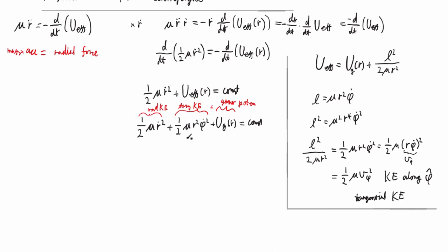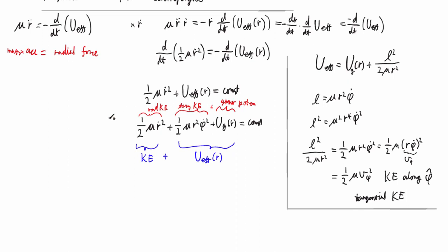We can also look at it from the point of view of the reduced variables, that is, we have only r to worry about. Then this is just the kinetic energy, and this entire portion is the effective potential energy, and that's equal to a constant. So whether you count this piece as part of the kinetic energy or the potential energy is really just a bookkeeping question. What makes it simpler to use this picture, kinetic energy plus effective potential energy, is that now we can do the problem in just one variable, r.